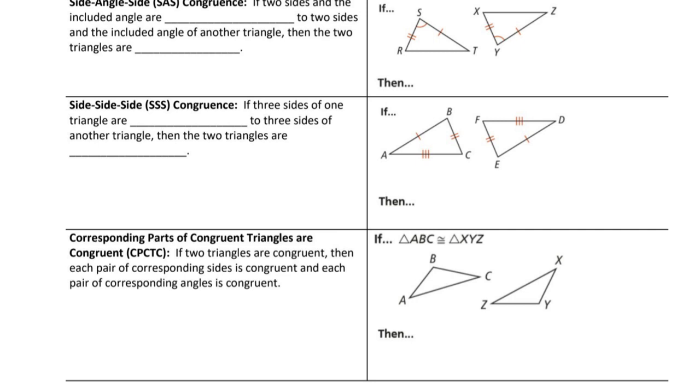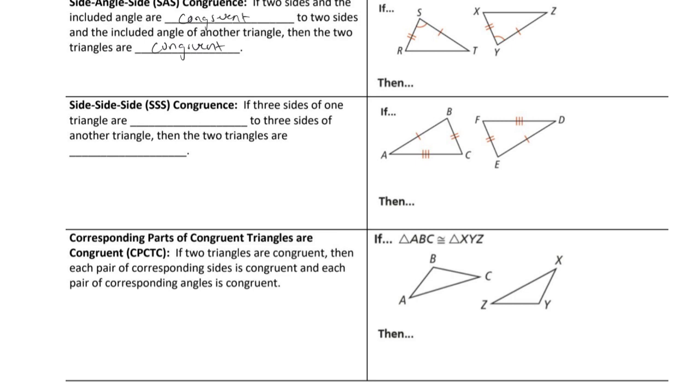It says if two sides and the included angle are congruent to two sides and the included angle of another triangle, then the two triangles are congruent. The included angle is the angle between two sides. If the two sides of that included angle are congruent to another triangle's two sides of that included angle, and the included angle is congruent, then they're congruent by side angle side.